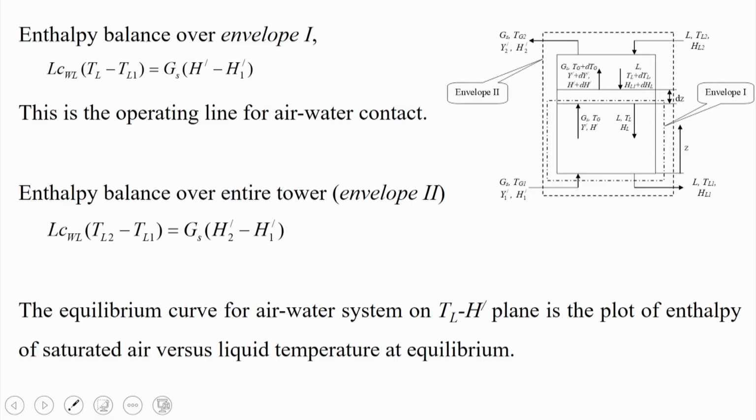Now, the enthalpy balance over this envelope one: the amount of enthalpy lost through the water is L C W L into T L minus T L 1, where T L is the temperature of the liquid at any time and it enters at T L 1.